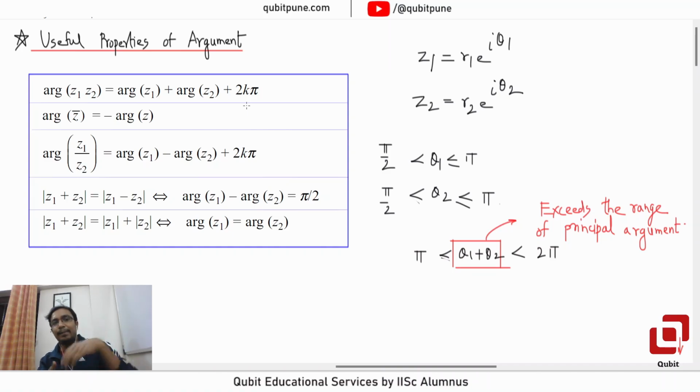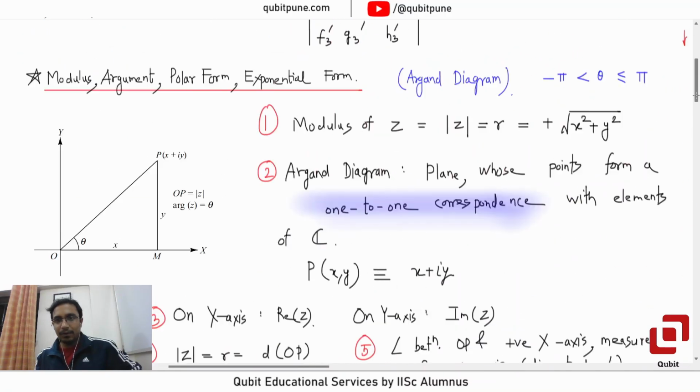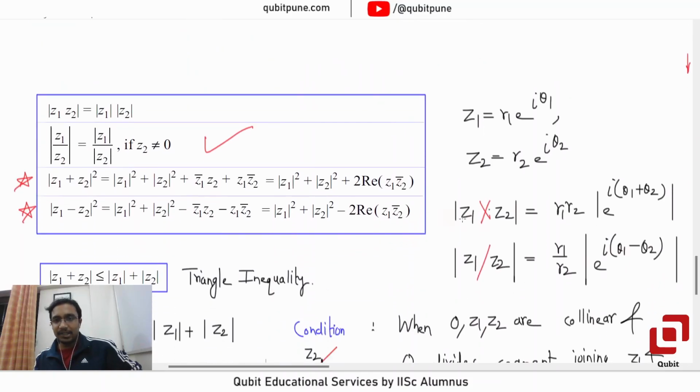We can always subtract 2 pi or add 2 pi or a multiple of that to get it into the principal argument range, and hence we add 2k pi here: argument of z1 plus argument of z2 plus 2k pi. That is what I wrote here. Look, z1 into z2 is r1 r2 into e to the power i(θ1 plus θ2). Whatever value you have for θ1 plus θ2 or even θ1 minus θ2, we don't care.